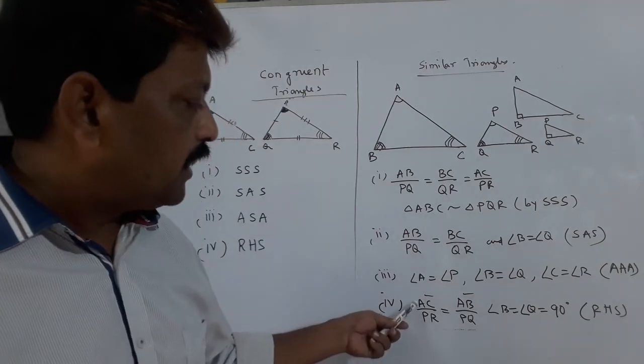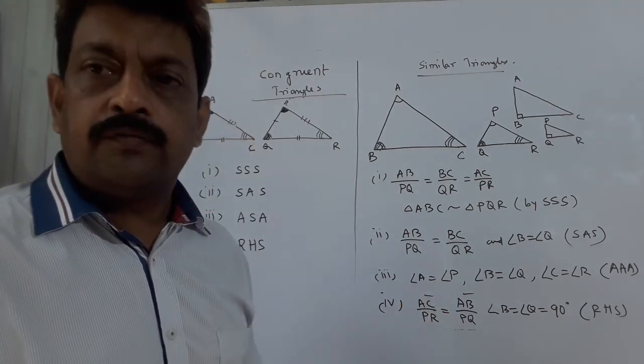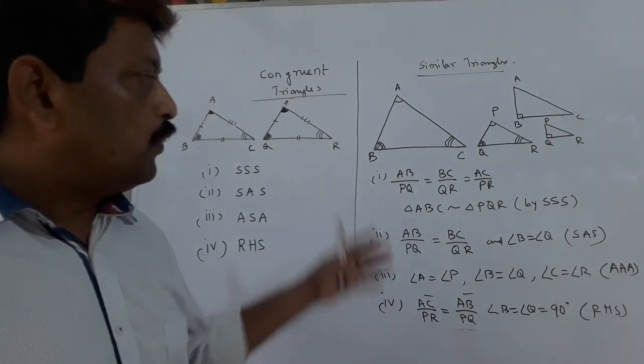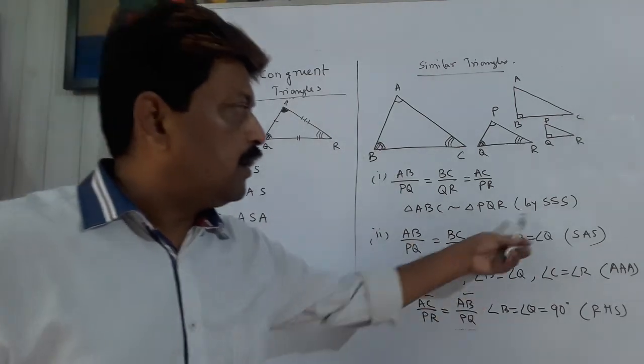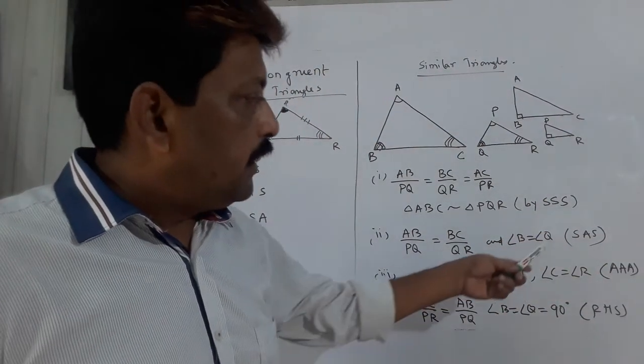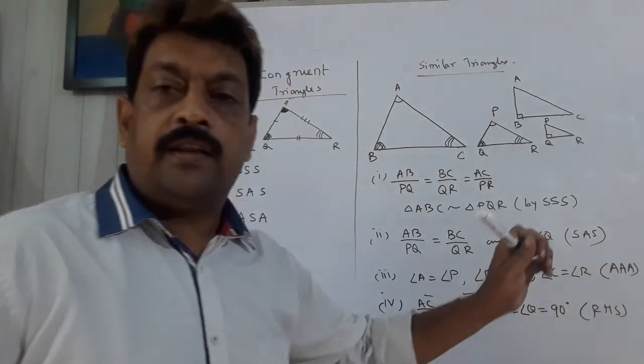That is what I have written: hypotenuse upon hypotenuse equals perpendicular upon perpendicular. We can also write base upon base. Understood? So in this way we can prove that two triangles are similar by these four criteria: SSS, SAS, AAA or AA, and RHS.